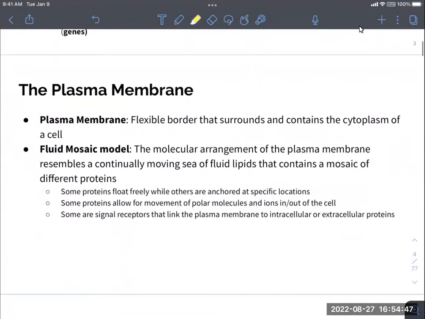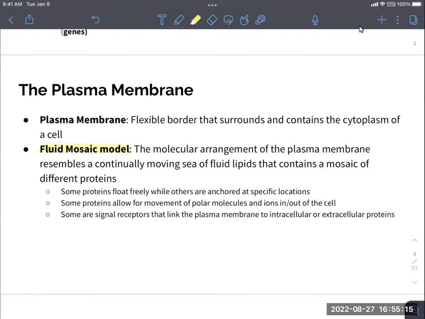That plasma membrane is a flexible border that surrounds the cell, and it also contains the cytoplasm of the cell. It has this fluid mosaic model because it moves around to fill in spaces. It shrinks down or gets bigger depending on all the spaces that the cells may need to go.